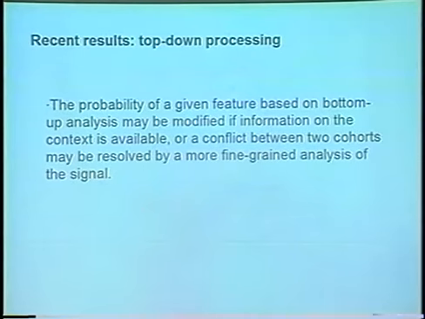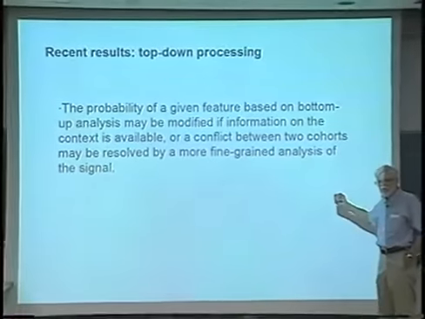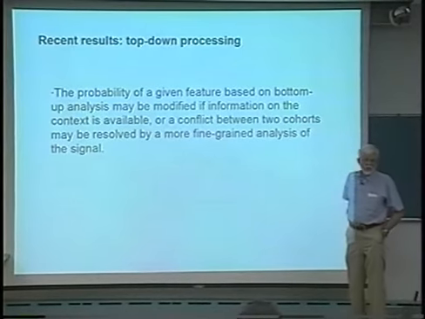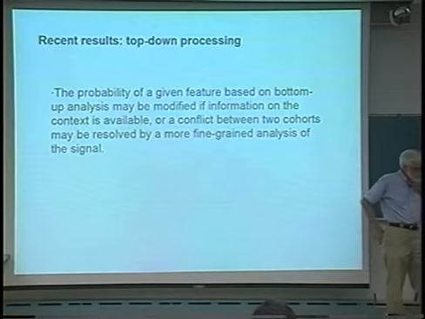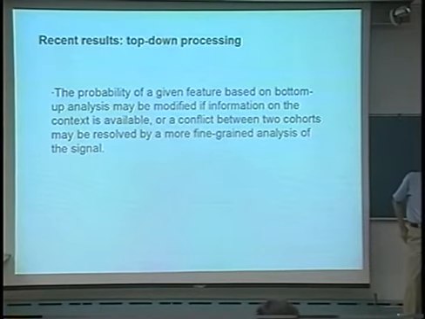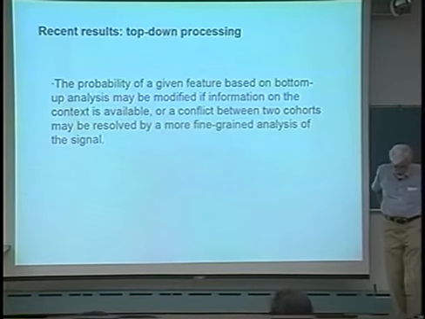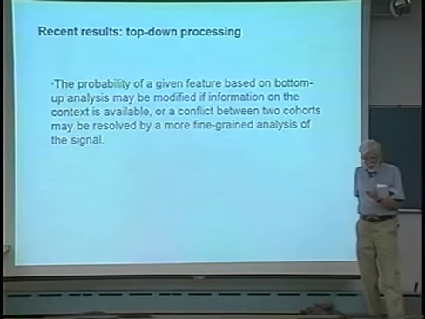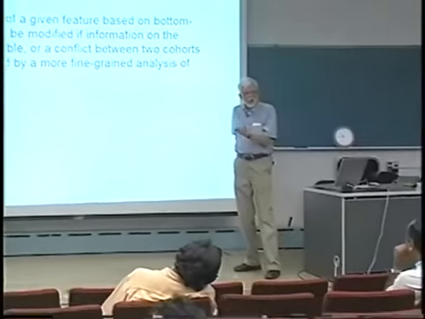And so in talking about these cases, we're thinking of a bottom-up kind of analysis. What kind of cues are you seeing in the signal that will enable you to somehow extract what these underlying features are? But we know that this bottom-up analysis, the way we often think of it, is a kind of local analysis.